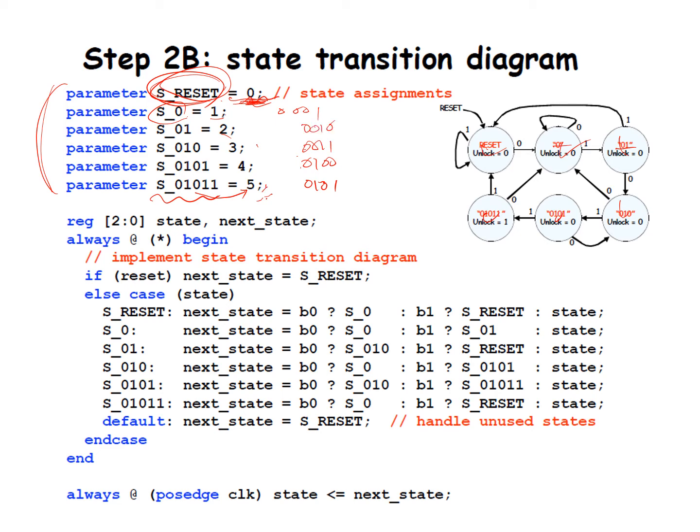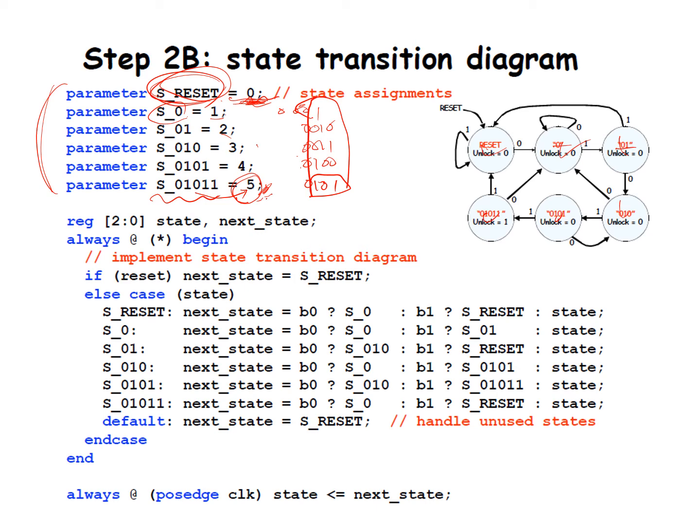Since the maximum number of cases is 5, the state can be decoded with only 3 bits, right? The CAD tool will optimize the number of bits to represent the state.